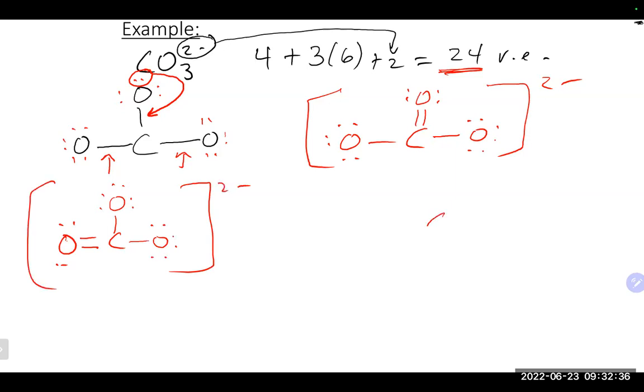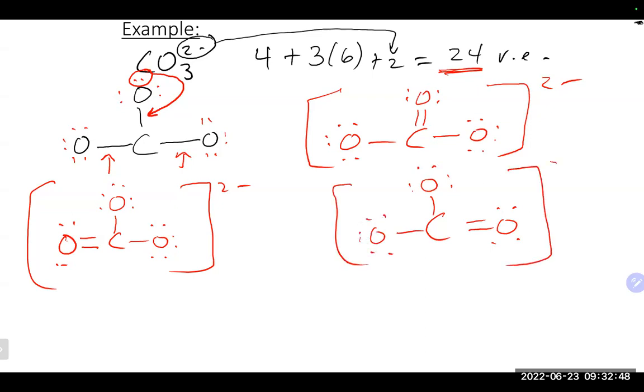Or you maybe double bonded to the right. And all three of these structures are what are referred to as resonance structures, and sometimes they use this little arrow to go between them. These are resonance structures.